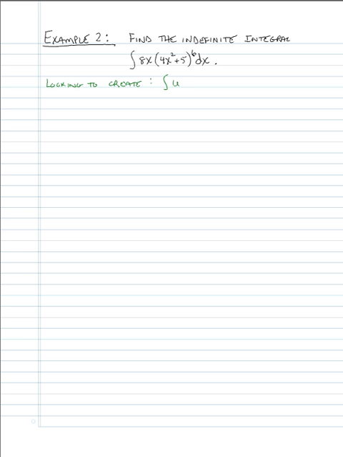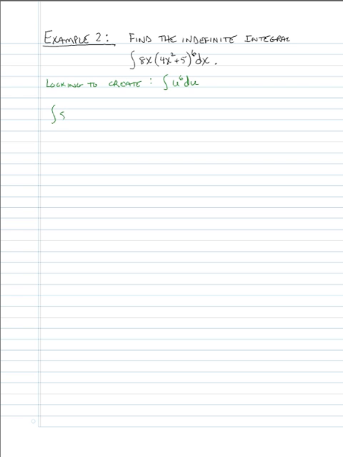In this case, the big power that I see looks like a 6th power, doesn't it? So we're looking to create that form because we can integrate that form. And so that gives us how we're going to start this problem, I believe.